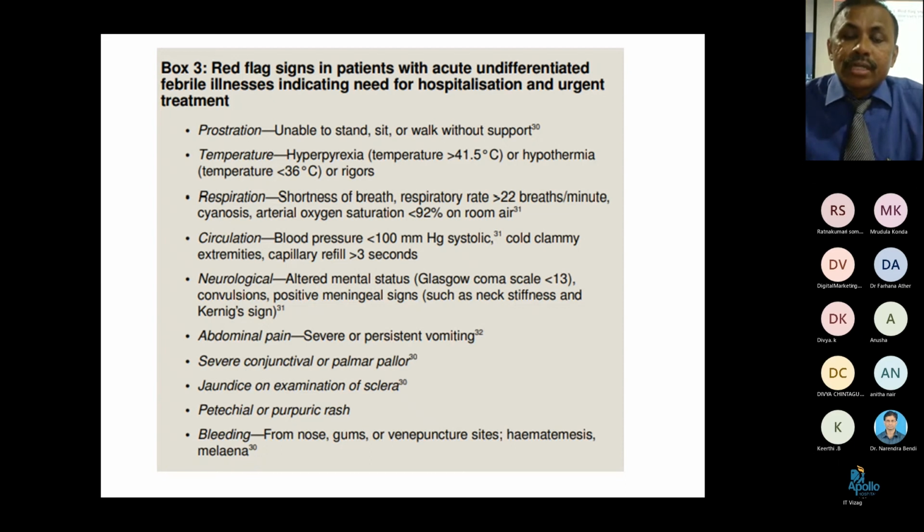And neurologically, the patient has altered mental status with Glasgow Coma Scale less than 13, or there can be associated convulsions, meningeal signs, and abdominal pain with severe or persistent vomiting, conjunctival or palmar pallor, which would indicate anemia, which could be because of loss of blood or breakdown of blood, jaundice on examination of sclera, petechial or purpuric rash, and bleeding from nose, gums, or venipuncture sites or natural orifices.